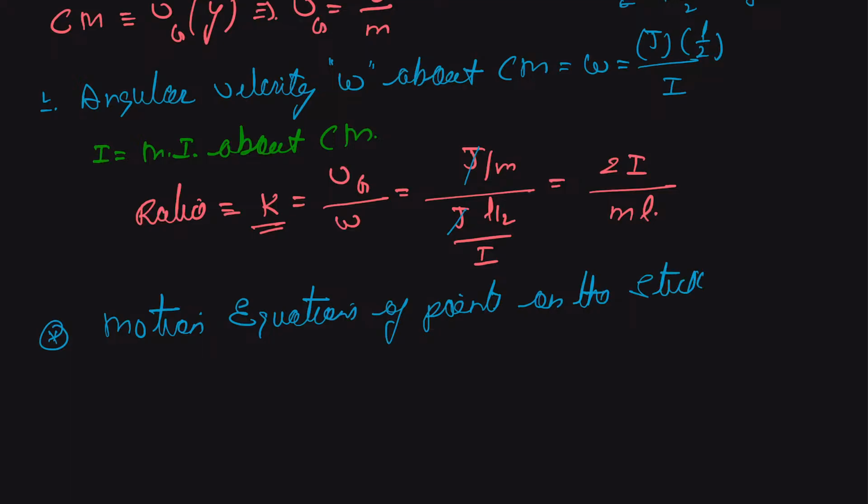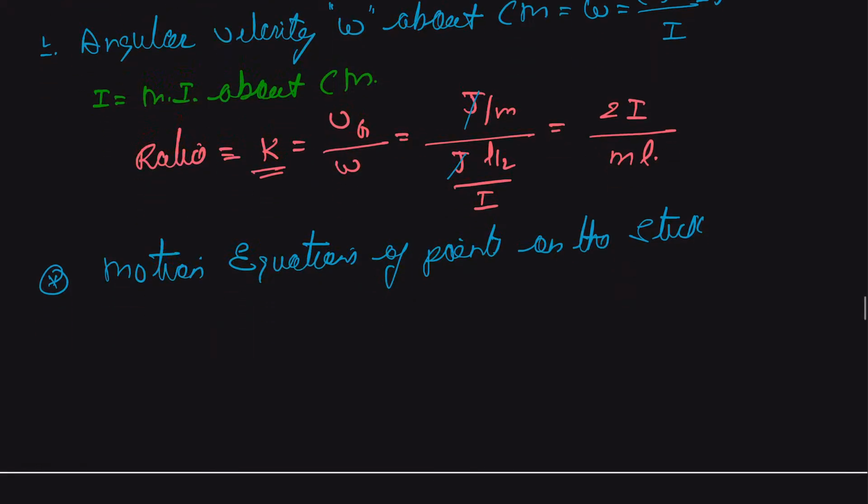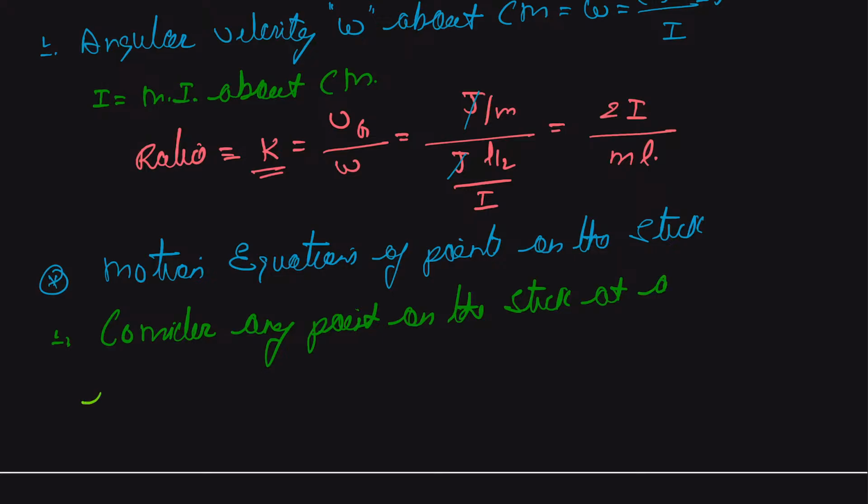And suppose all these points are denoted by a variable, and that variable let's define as our s. So we can say, consider any point on the stick at a distance s from the center of mass.